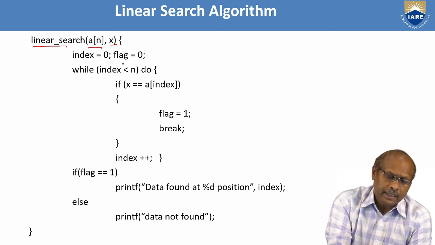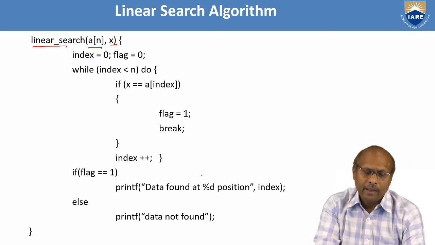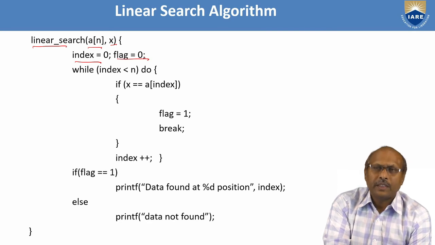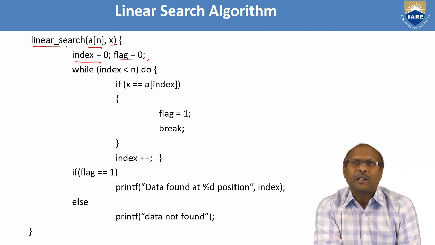Of course, you can say this is independent of language, because the algorithm does not depend on language. A simple way of writing: initial index is 0 and flag is also 0. It indicates that I have not found it till now.